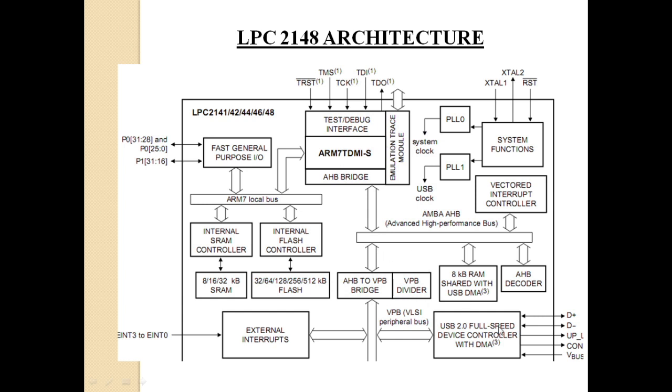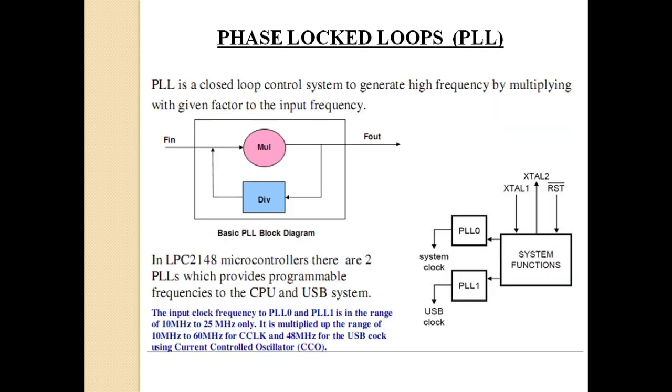That we will see in another lecture, how to configure that. PLL1 is dedicated for generating the USB clock, 48 megahertz USB clock. So PLL1 is used for generating the USB clock. PLL0 is used for generating the system clock. So this is a brief introduction regarding the LPC2148 architecture. Next we will see some basics of the PLL.